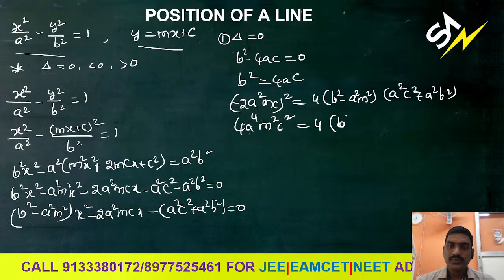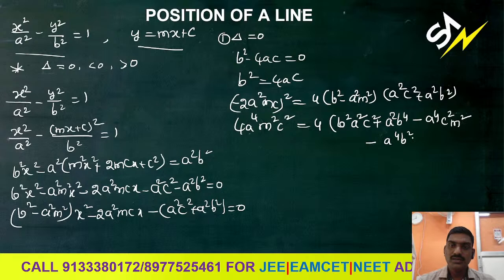This is b square a square c square plus, minus a square b to the power of 4, minus a power 4 c square m square. Next minus a power 4 b square m square. 4 and 4 get cancelled.